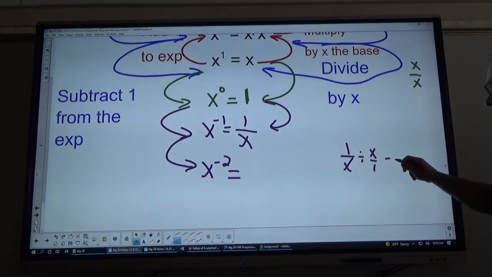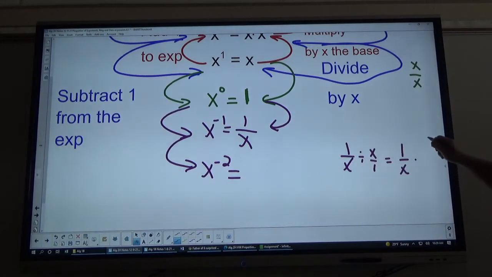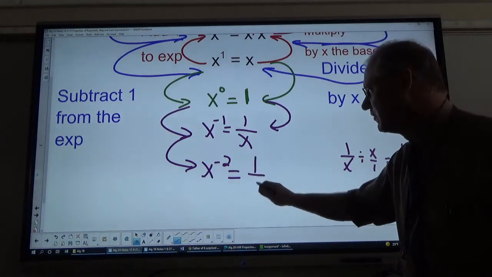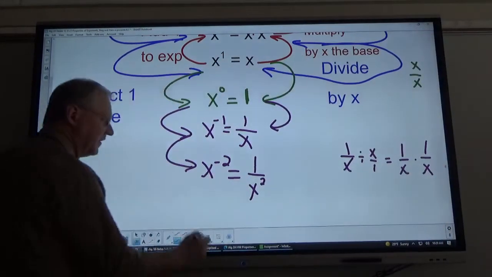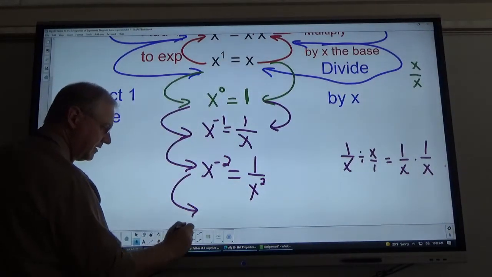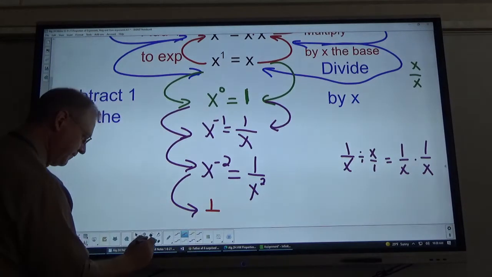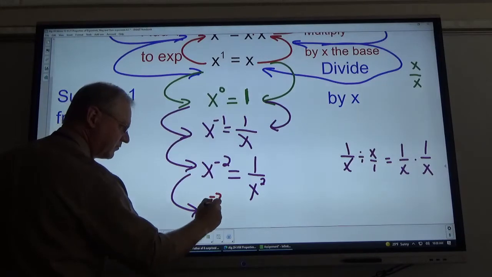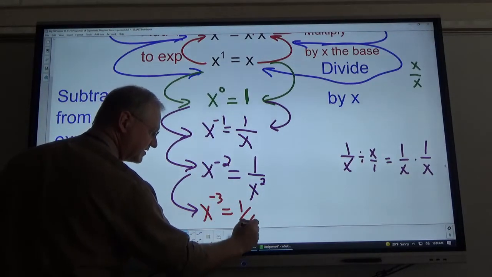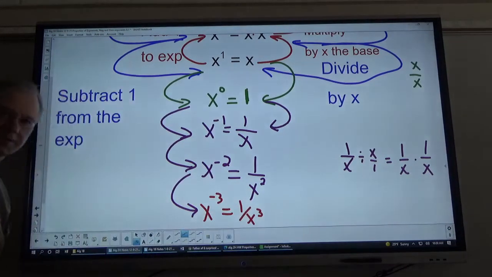Isn't that 1 over x times 1 over x? And doesn't that equal 1 over x to the second? If I go again, I get x to the negative 3, which is 1 over x to the positive 3.